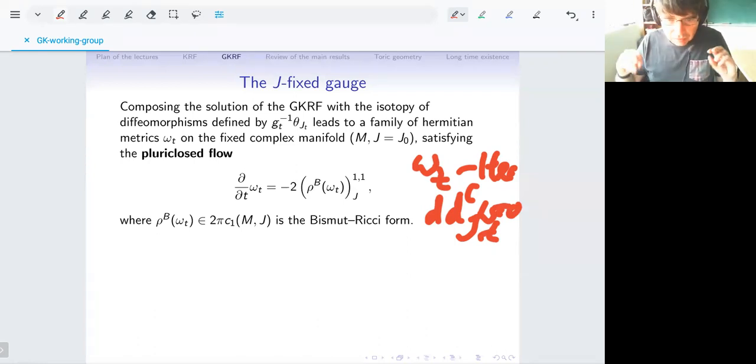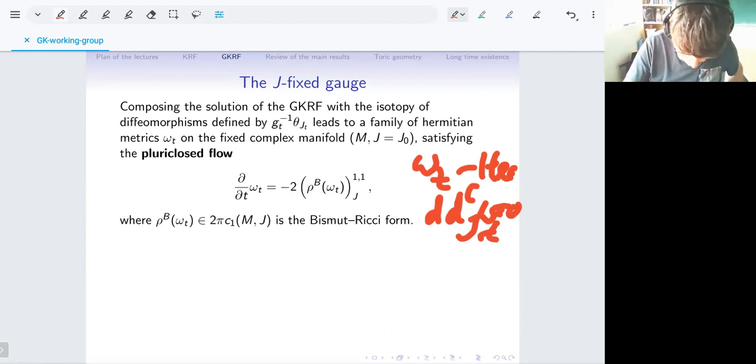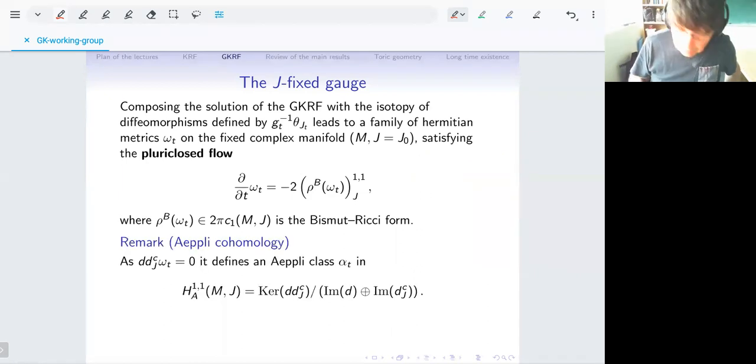I will work in the J fixed gauge because it resembles precisely what we encounter in the Kähler case. One thing that you should bear in mind is that all this discussion about topological obstructions that we started with still generalizes with some appropriate modifications.